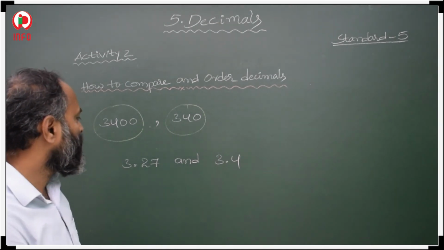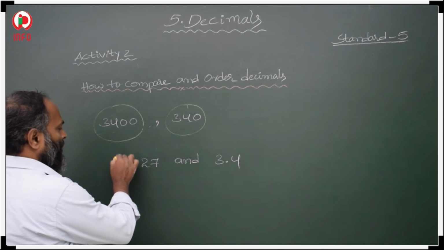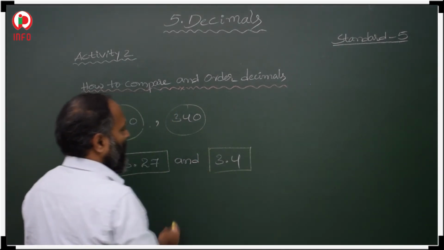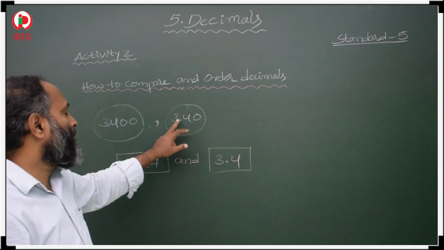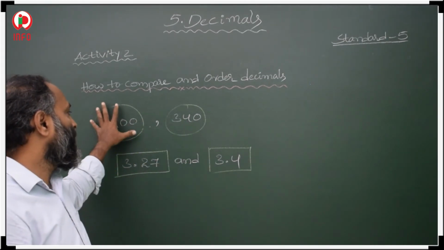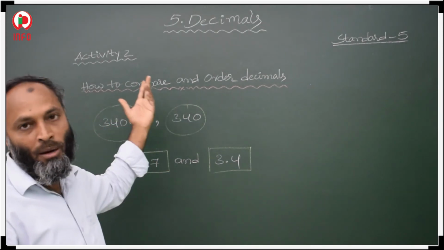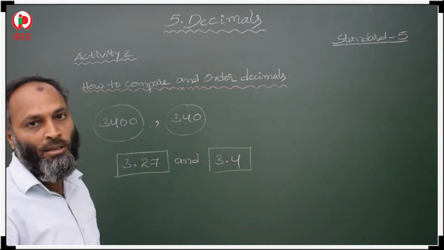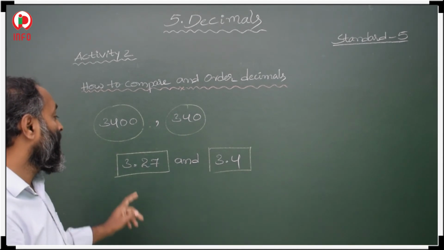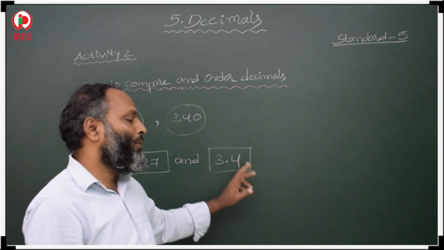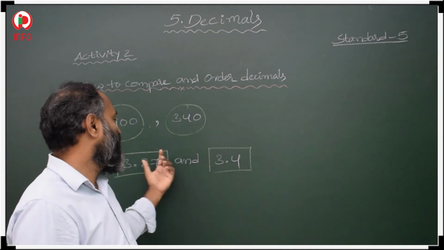Now in the decimal system, how to compare? If the numbers are like this, here the number of digits is 1, 2, 3, and here 1, 2, 3, 4. If 4 digits are there, it is bigger than a 3-digit number, so it is easy. But in the decimal system, here we count 3 digits and here 2 digits, so is this the bigger and this the smaller?